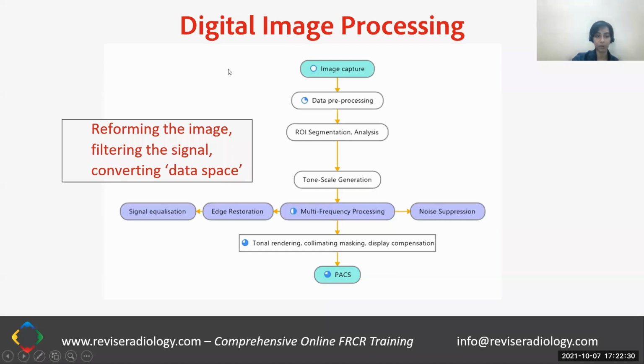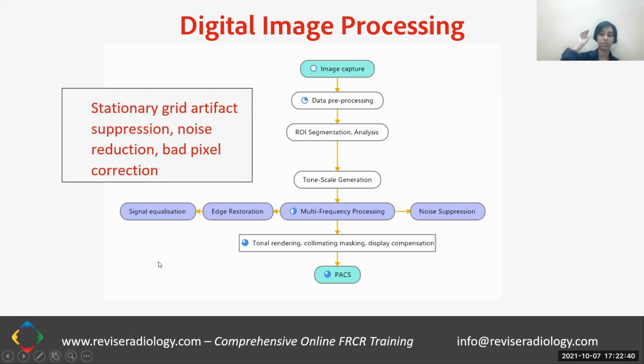So the first step, which is data pre-processing, what happens here is reforming the image, filtering the signal, and converting data space. A few things which also happen during this stage is that some artifacts are suppressed.